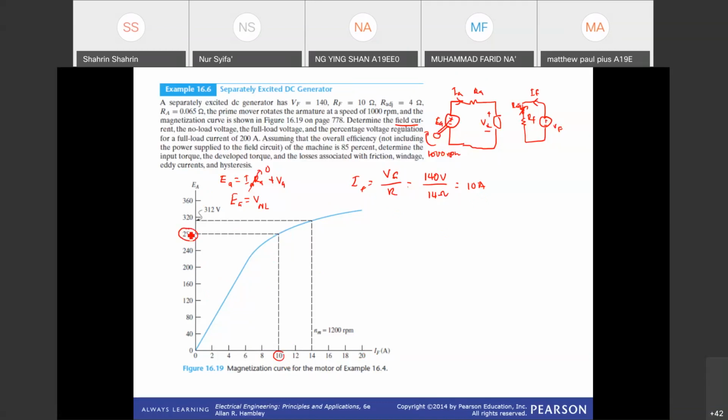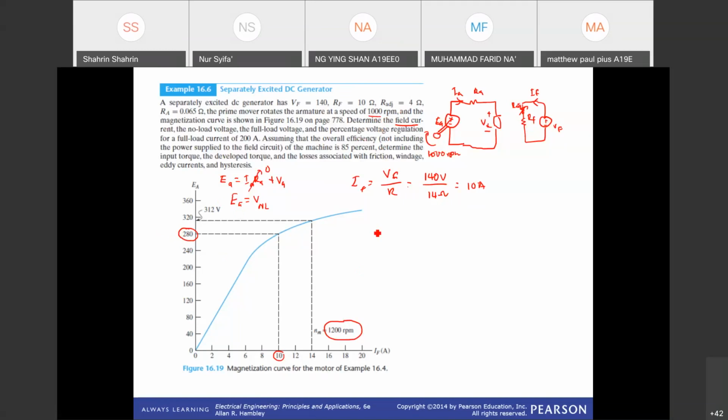But you cannot use this directly as your EA, because this is for when the speed is 1,200 RPM. The motor for this question is running at a lower speed, which is 1,000 RPM, so the value is not 280.